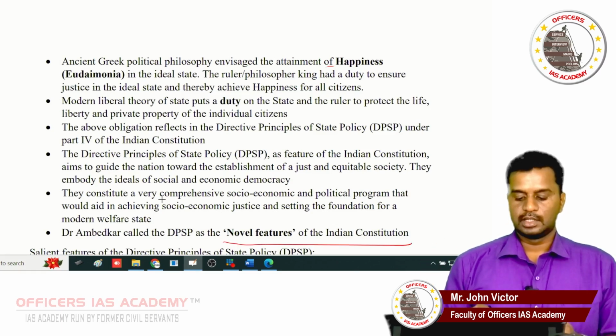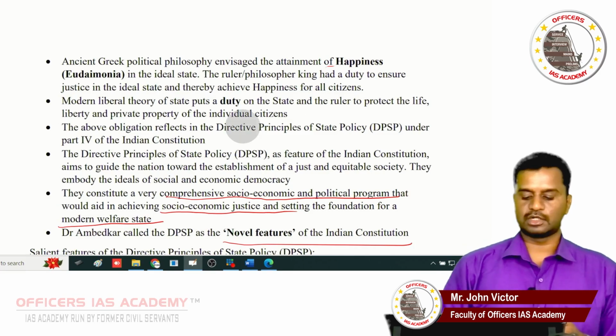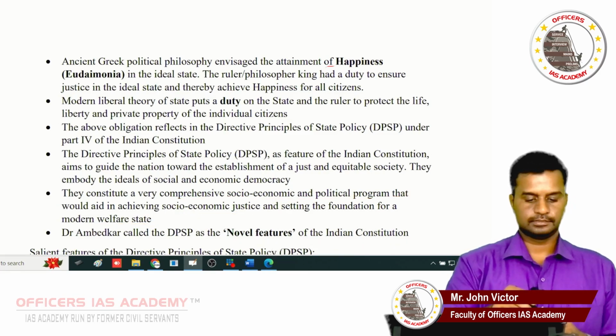DPSP constitute a comprehensive socio-economic and political program in order to achieve socio-economic justice and the foundation of a modern welfare state. Ensure that you are writing these key concepts in your answers.